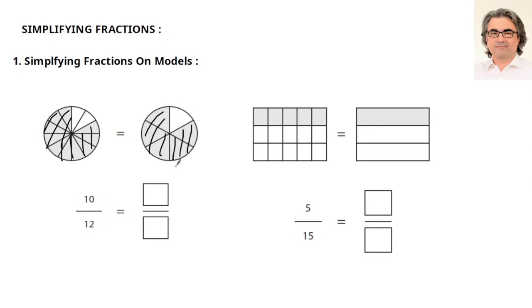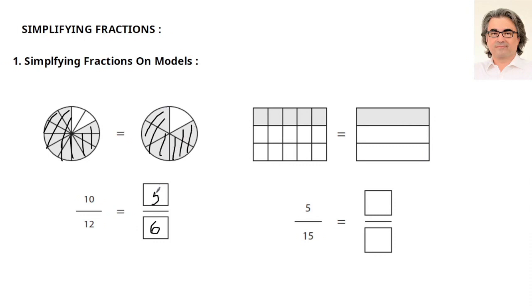Now let's write the fraction form of the circle on the right side of the equation. In total, it's divided into 6 equal pieces. So the denominator of the fraction should be 6. And what about the number of shaded regions? I should write the number of shaded regions as the numerator of this fraction. 1, 2, 3, 4, 5.